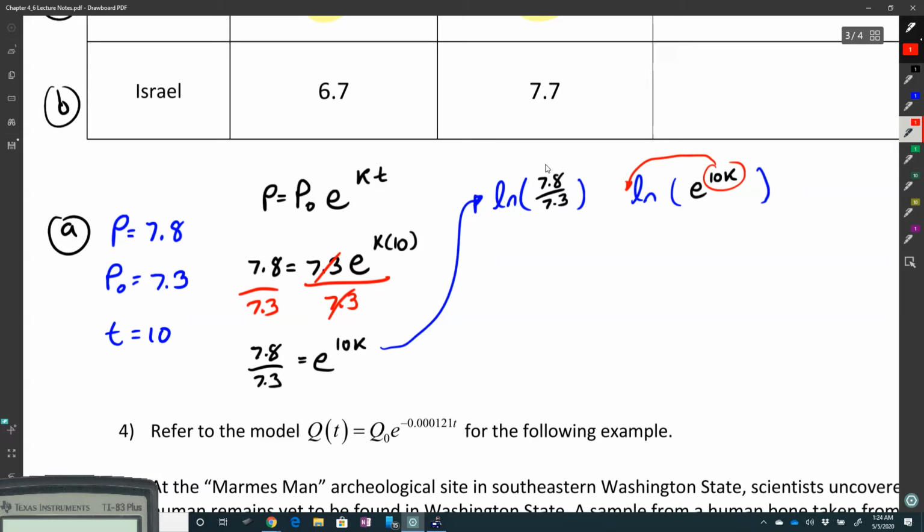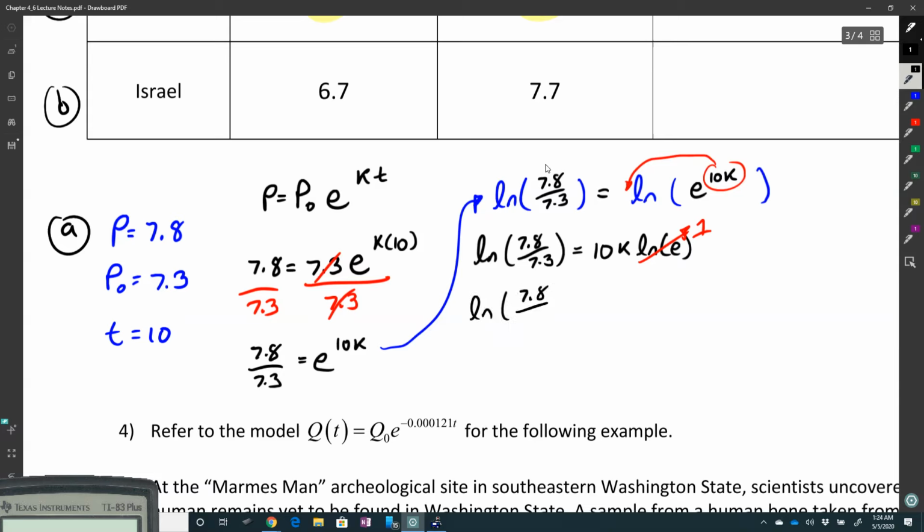The 10k comes to the front. Forgot to put an equal sign. ln of 7.8 over 7.3 equals 10k, and then the ln of e cancels out. So my last step is to divide by 10.